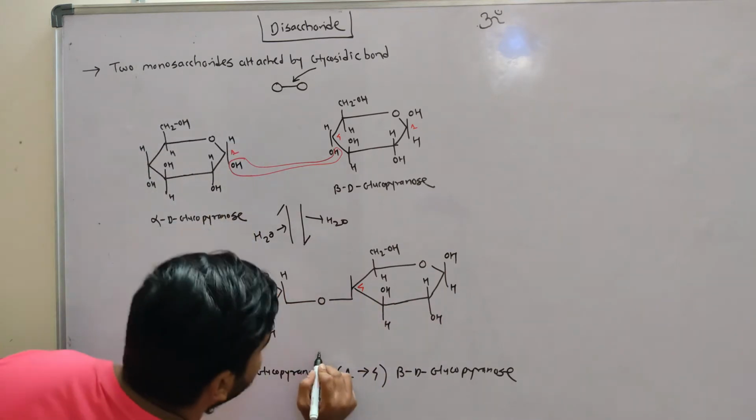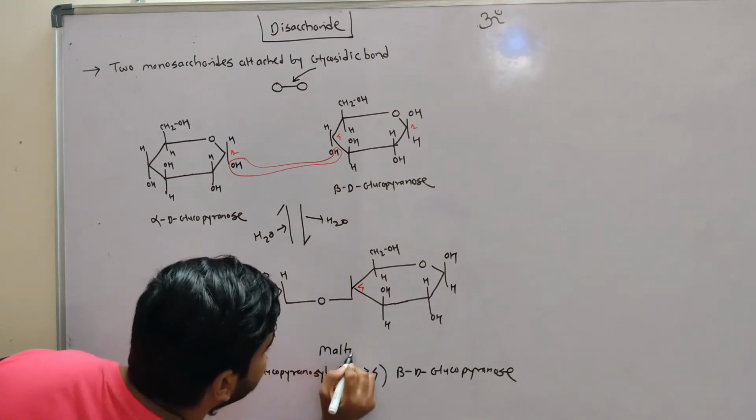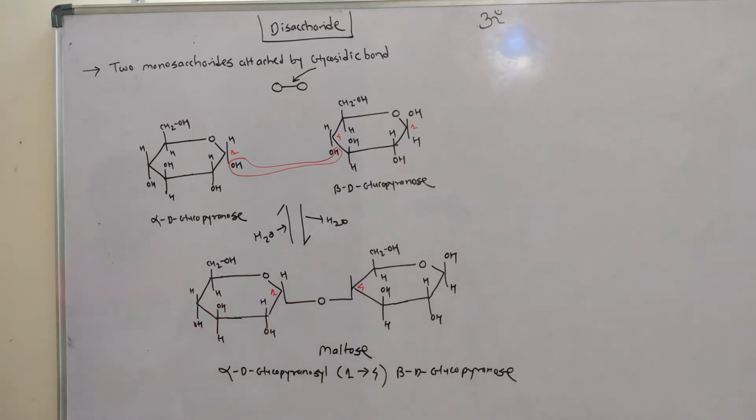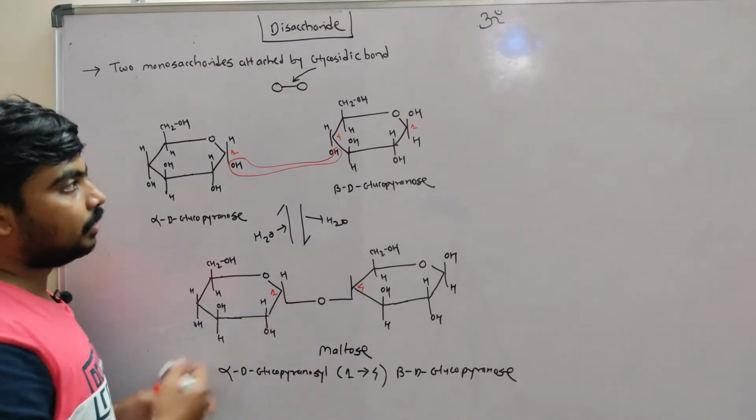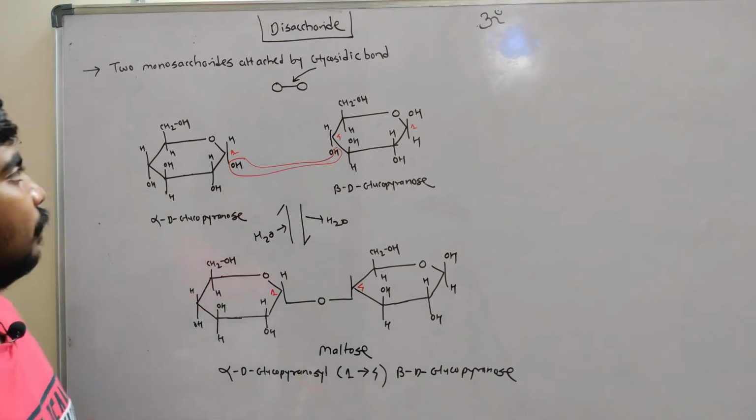So it is given as alpha D glucopyranosyl (1→4) beta D glucopyranose. It is also called maltose. This is how maltose is formed.